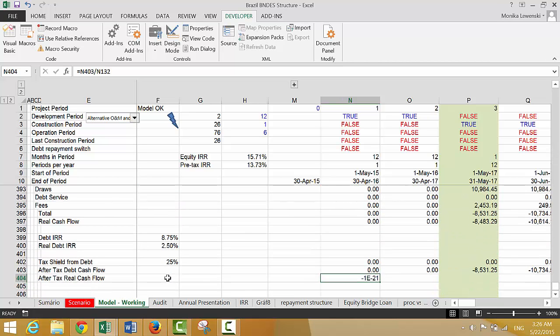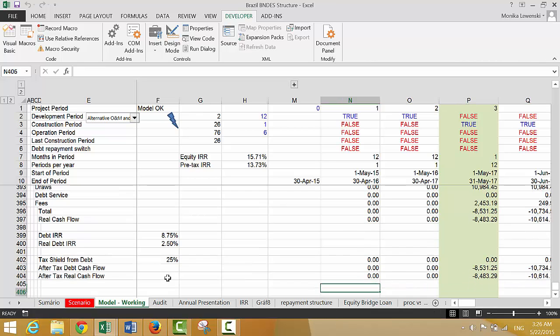Okay. Why did that, okay, maybe just a formatting issue.